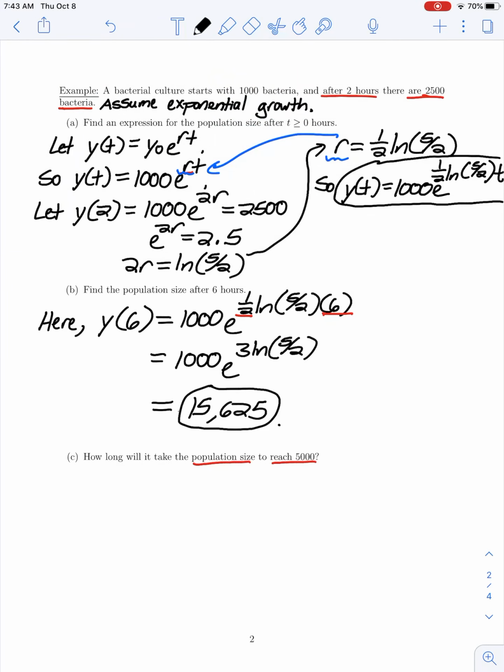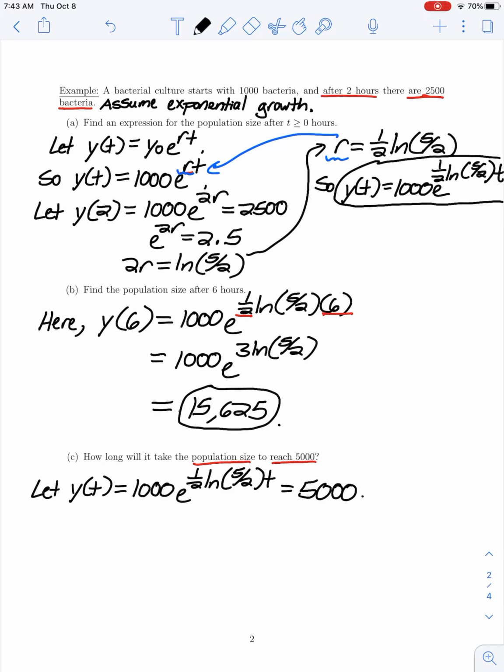So to find that time, we would take our function y of t, which represents the population size at any time. So that was 1,000 times e to the 1/2 natural log of 5/2 t, and set this equal to the desired population size, 5,000. And we're going to solve for t.